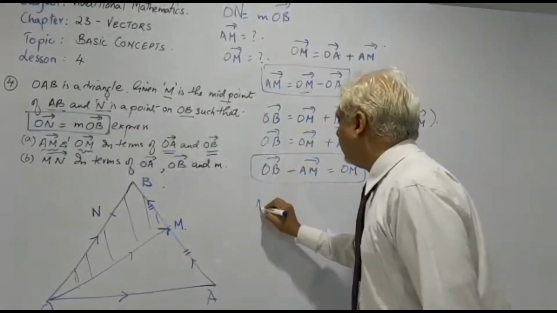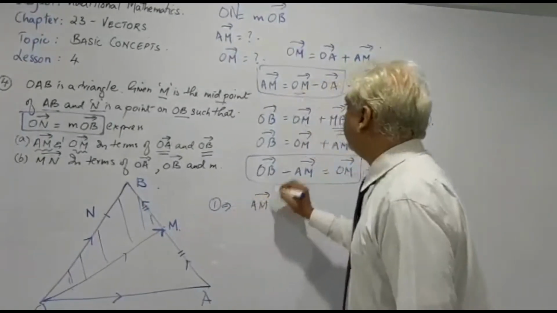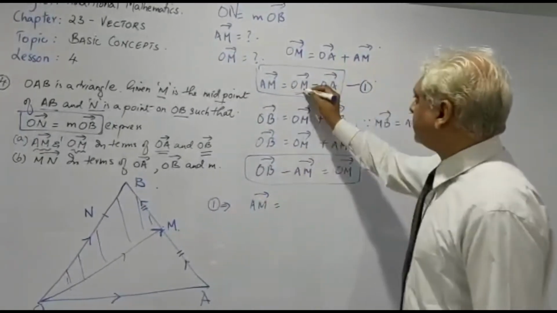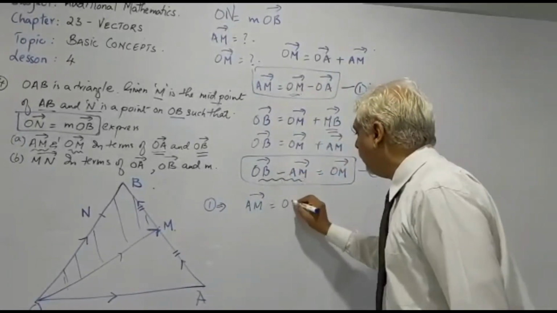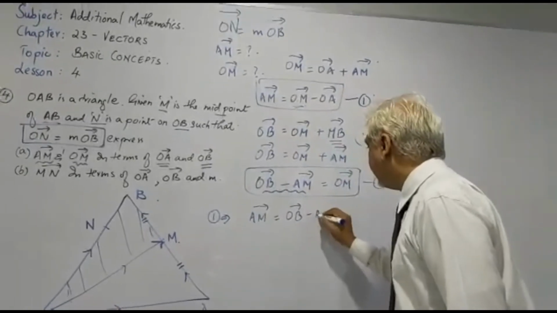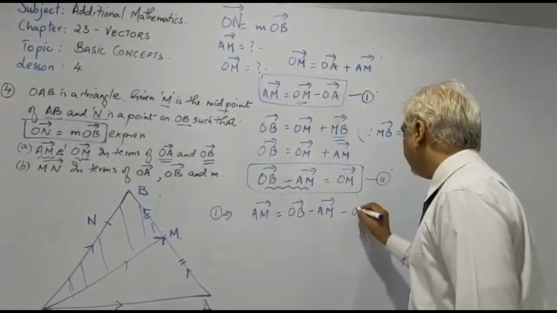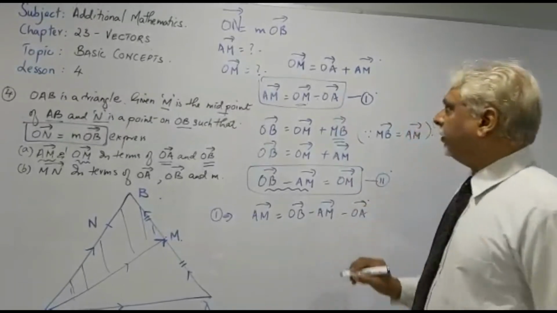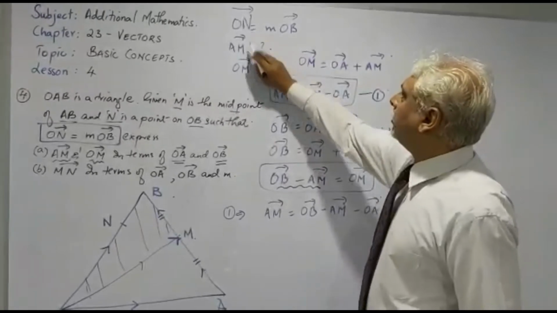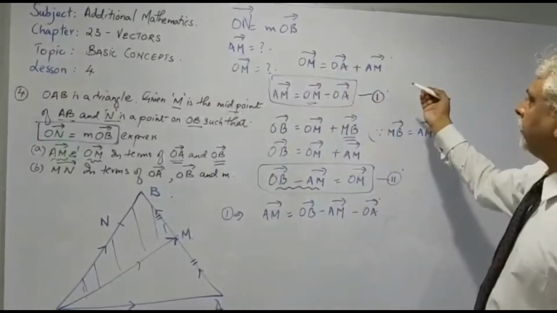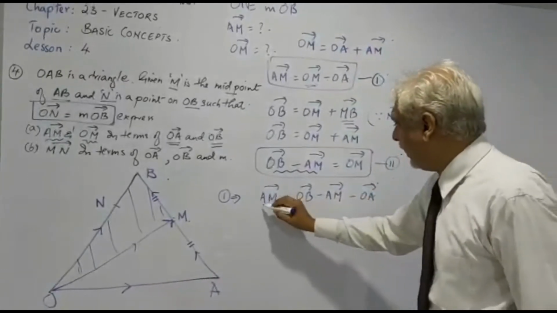My first equation will now be AM is equal to OB minus AM, minus OA. Remember, we need to find AM in terms of OA and OB.